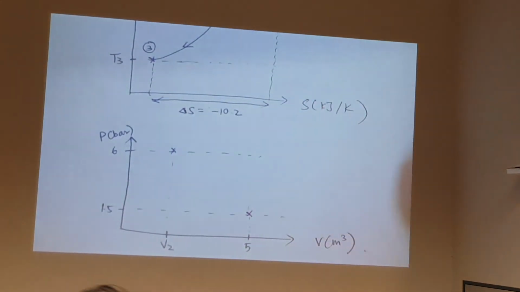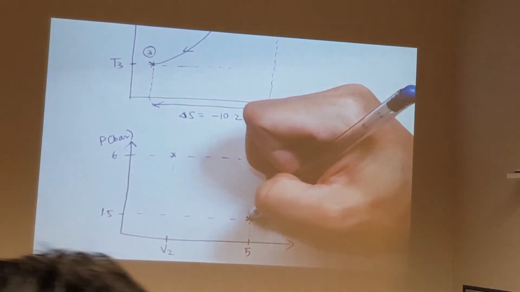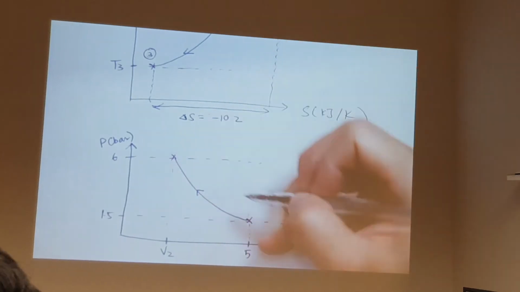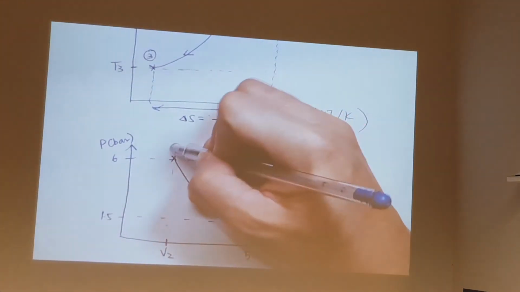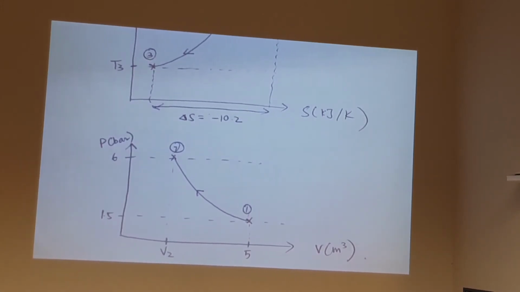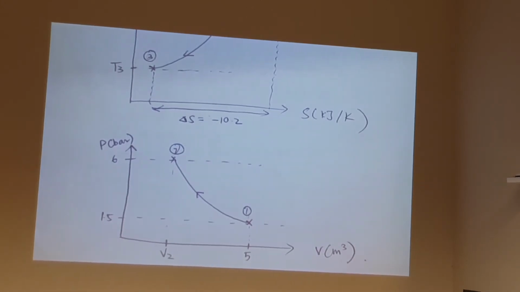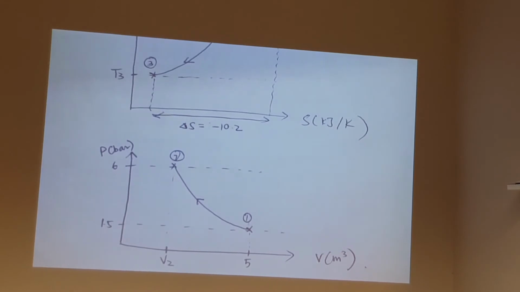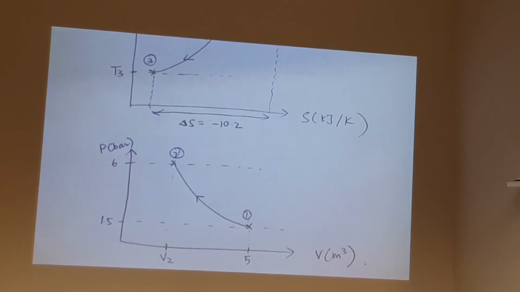Then isothermal process is a curve under the PV diagram, so you draw a curve. Okay? So that's for step 1. Then the second step is an isometric process.